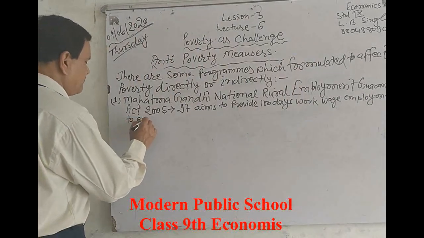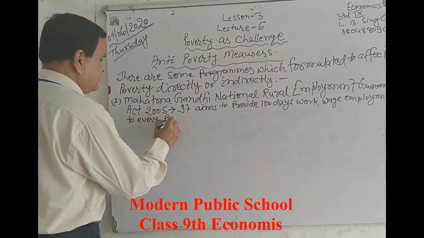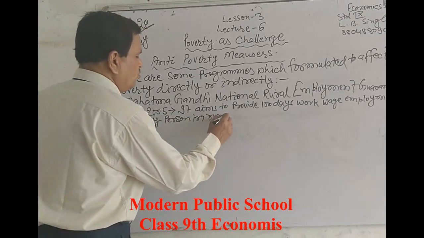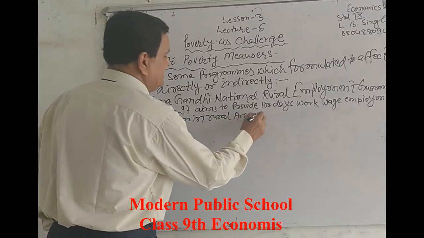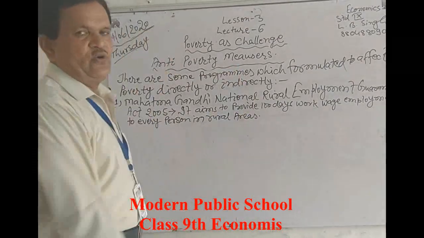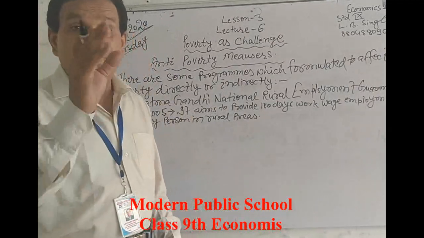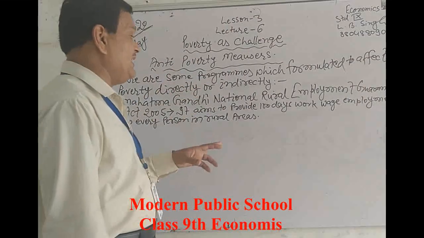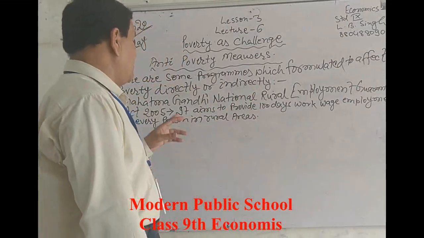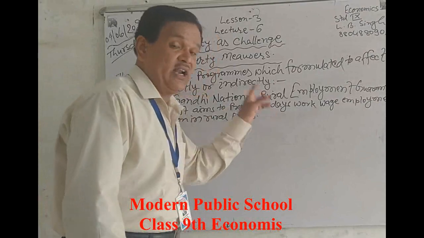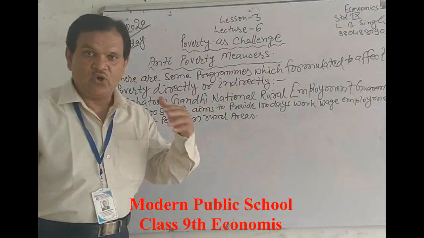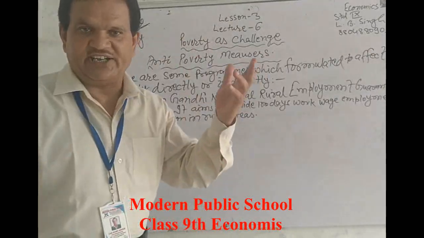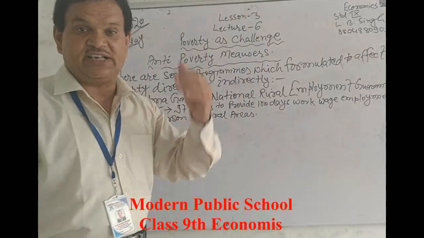Employment to every person in rural areas. Do you know this thing? I have told you, a lot of poor people are living in rural areas, meaning villages. So the government has started this program to provide 100 days of work. 100 days, do you know this thing? 1 month is 30 days. 3 times 30 is 90, that means 3 months and 10 days.